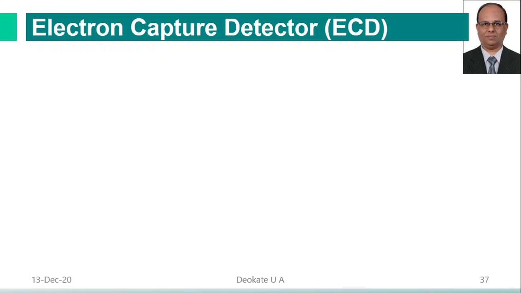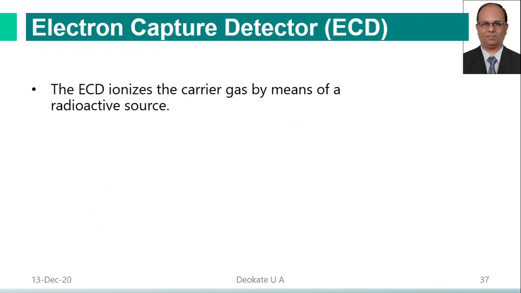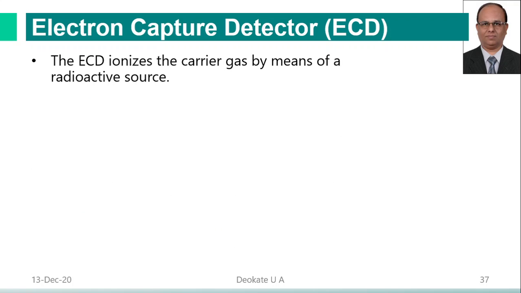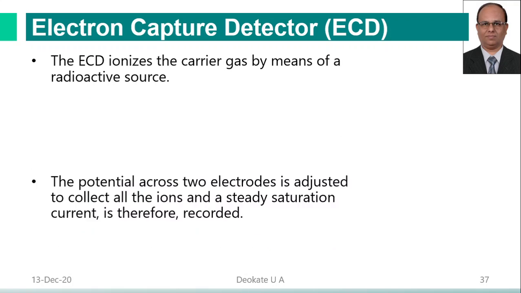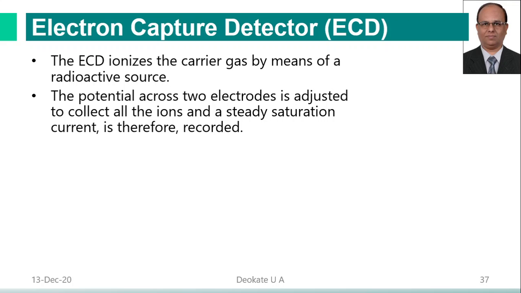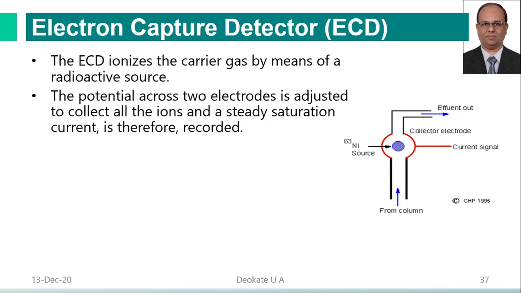The third detector, which is commonly used in gas chromatography, is the electron capture detector, called the ECD. The ECD ionizes the carrier gas by means of a radioactive source. The potential across the two electrodes is adjusted to collect all ions, and a steady standing current is therefore recorded. So in the case of flame ionization, the ionization is carried out by using the hydrogen flame.